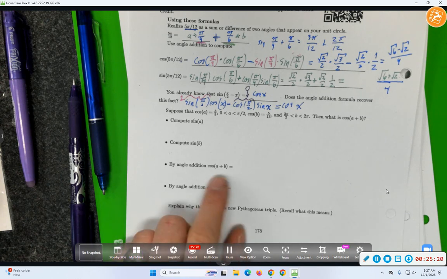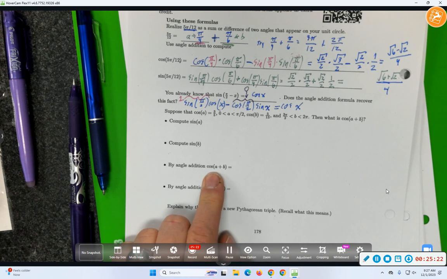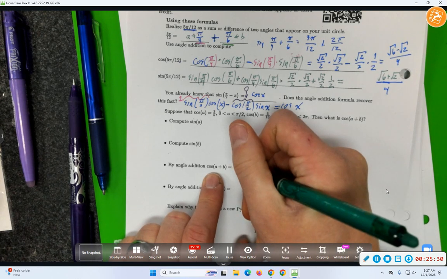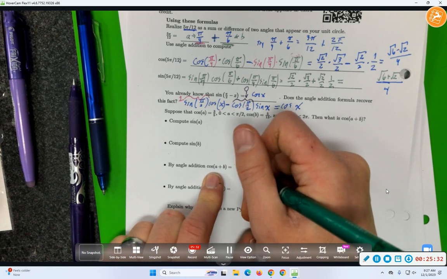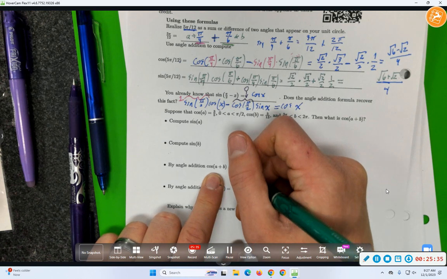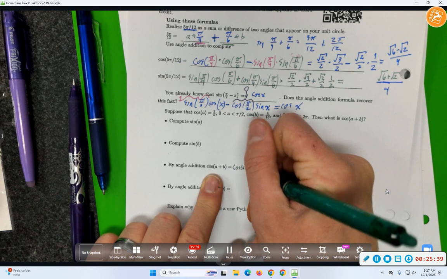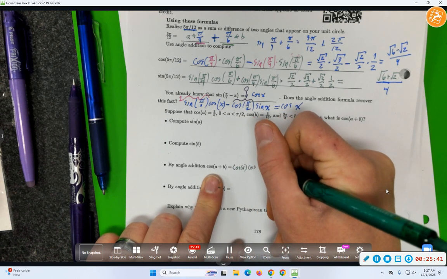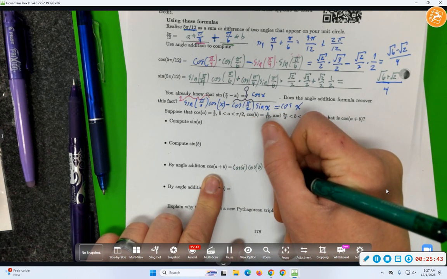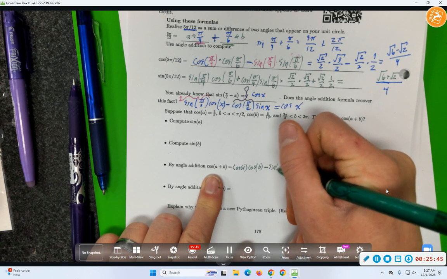So, do we have a formula for cosine of a plus b in terms of a and b individually? Yeah, it's at the top of your page. I guess it's off the top of the screen right now. Well, read it off. What's the cosine of a plus b? Cosine A, cosine B. So the product of the cosines minus the product of the sines.